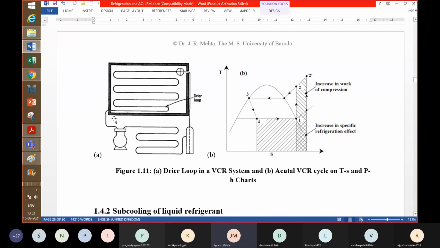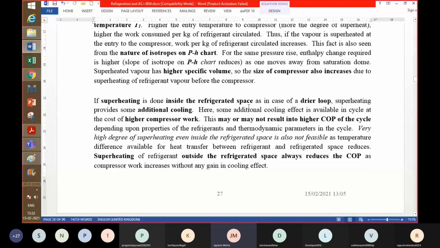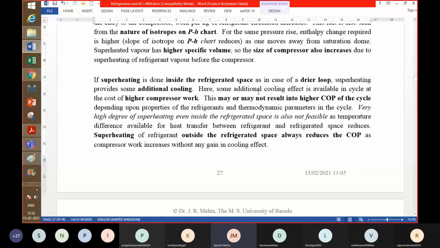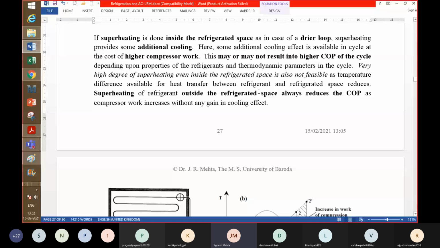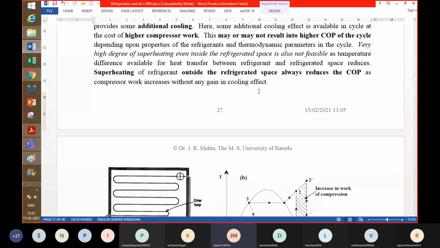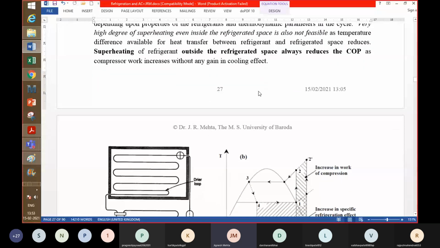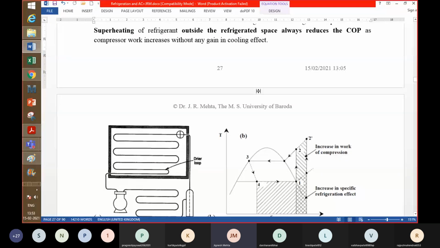So superheating outside the refrigerated space should be reduced as much as possible from the point of view of thermodynamics. Right? So that's the understanding about the change in COP due to superheating. Superheating outside the refrigerated space is not desirable as per thermodynamics.